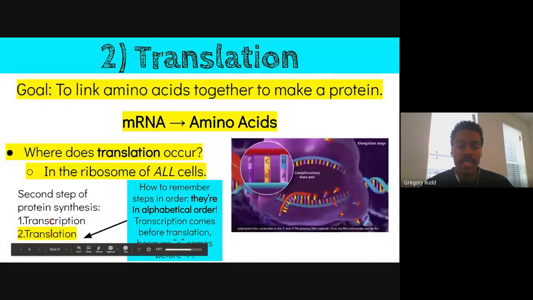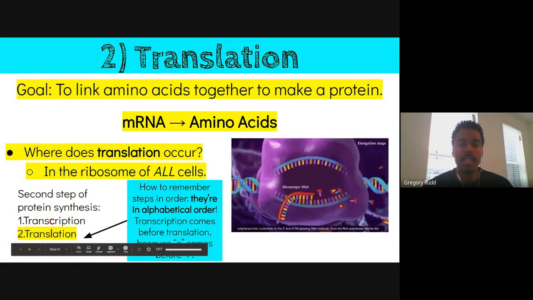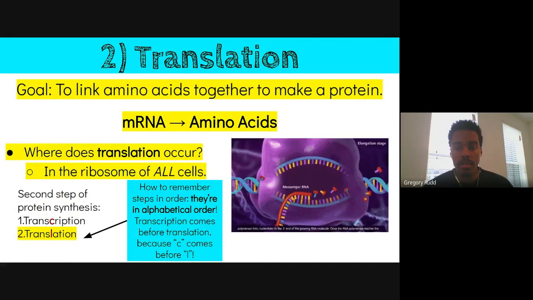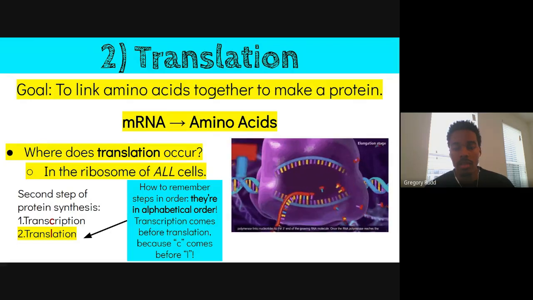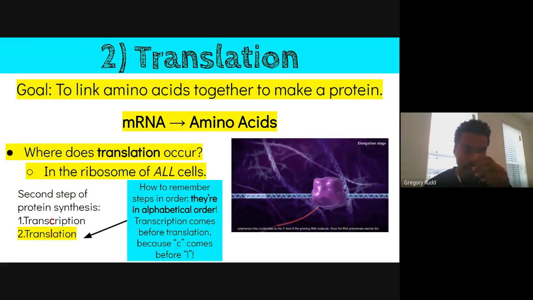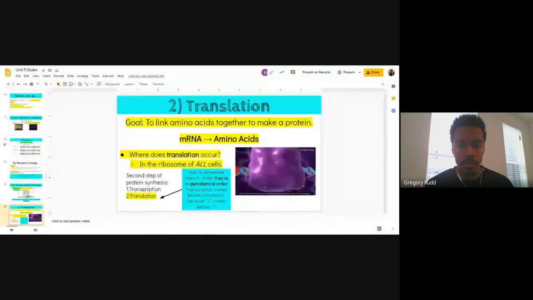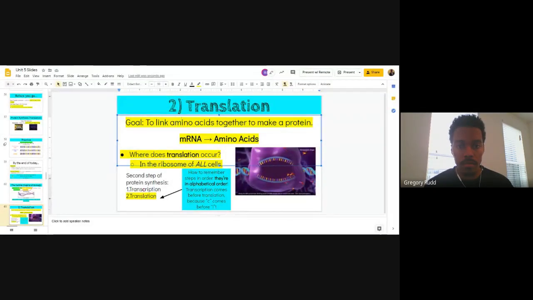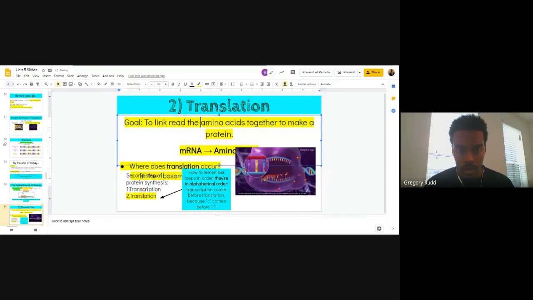So the goal of translation is to link amino acids together to start making a protein. Actually, I don't like that definition. To read the mRNA sequence and begin.